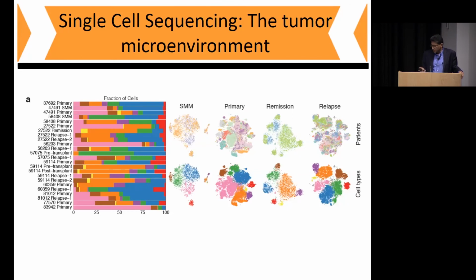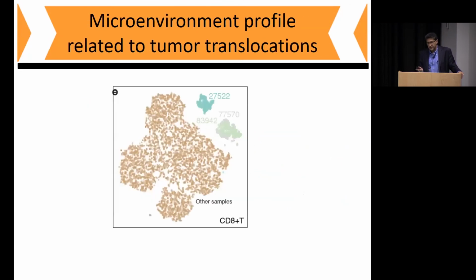And what we are starting to see is that certain things are emerging. This data from our own institution shows that certain patients with a given mutation have a clustering of certain immune cells together, suggesting that if you have a certain mutation, not only is your cancer cell going to behave similarly, but the immune cells react to that in a similar manner.